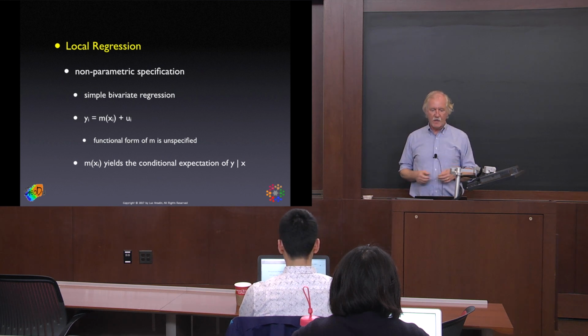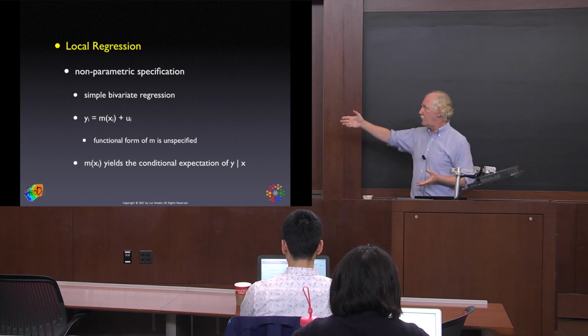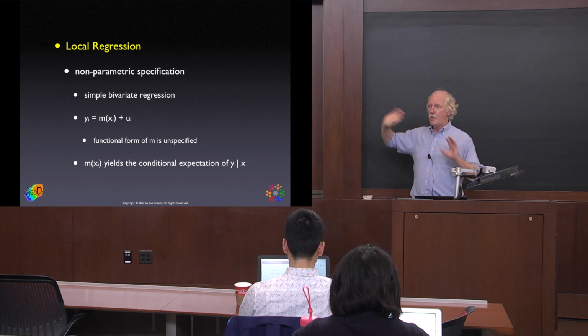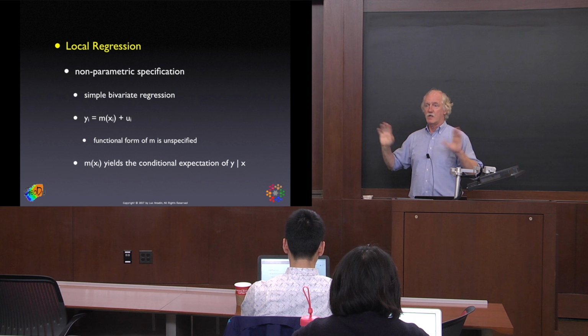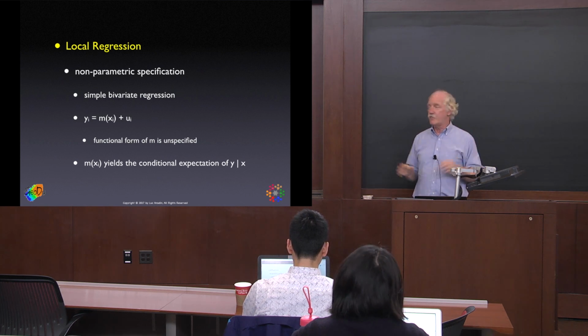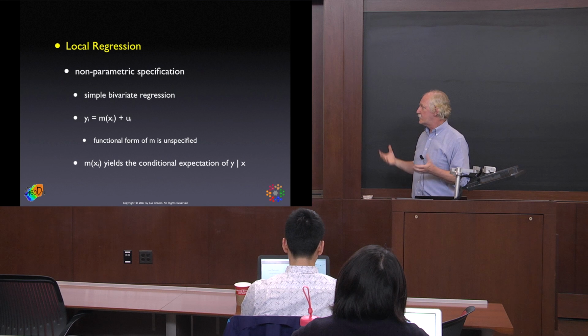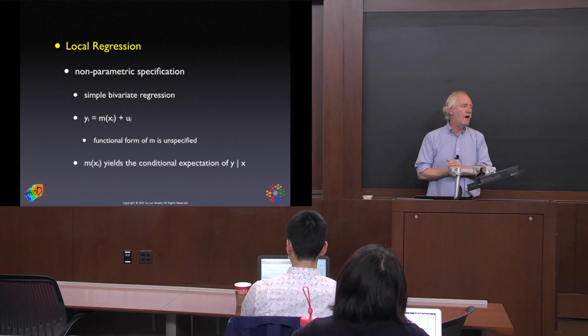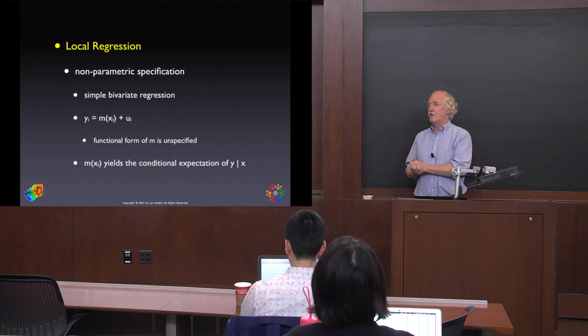Let's specify it very simply as a relationship m, unspecified. This is not a linear regression, just unspecified, between x and y. And we want to know what is y on average given x.